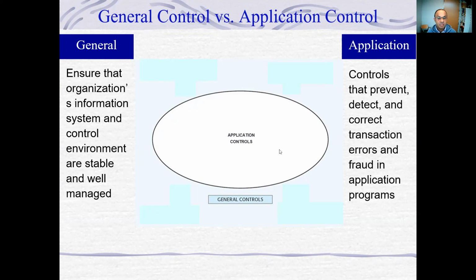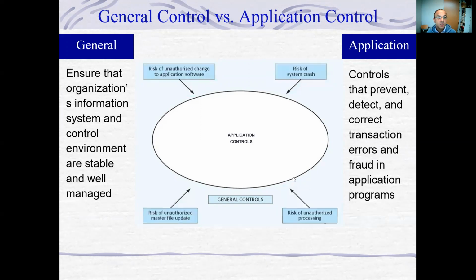And this figure here can help us to understand the relation between general control and application control. The general control happens from outside, where we can identify the risks that could happen to the data.